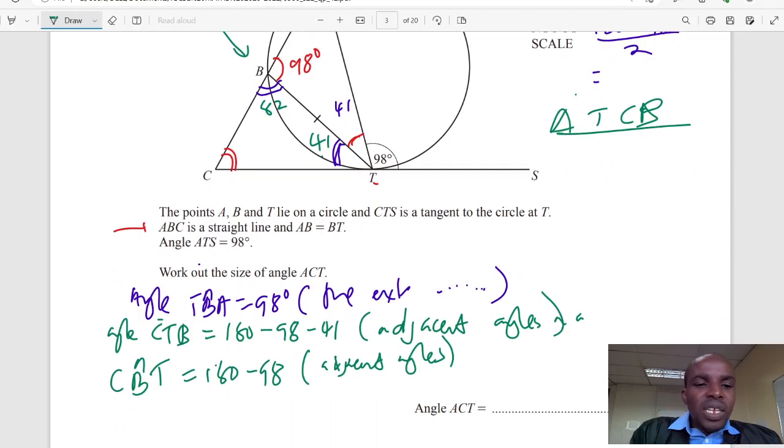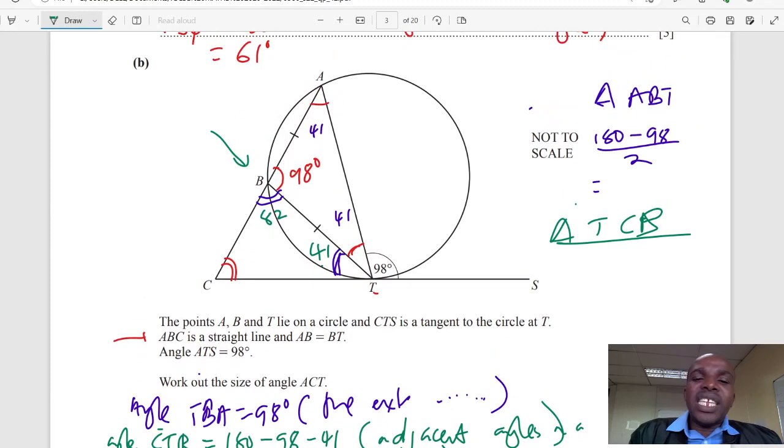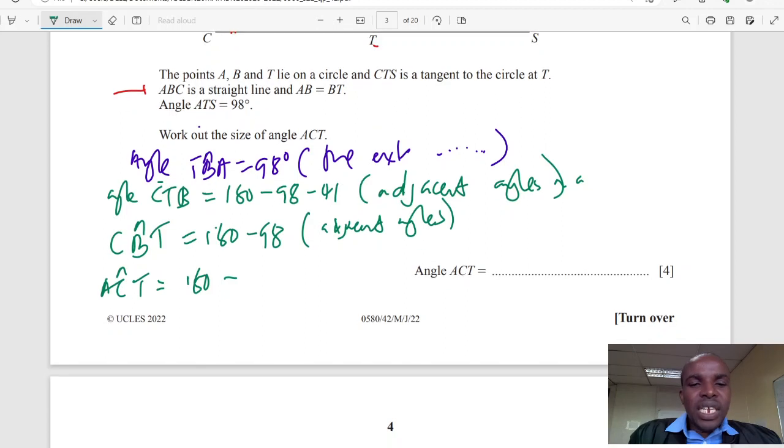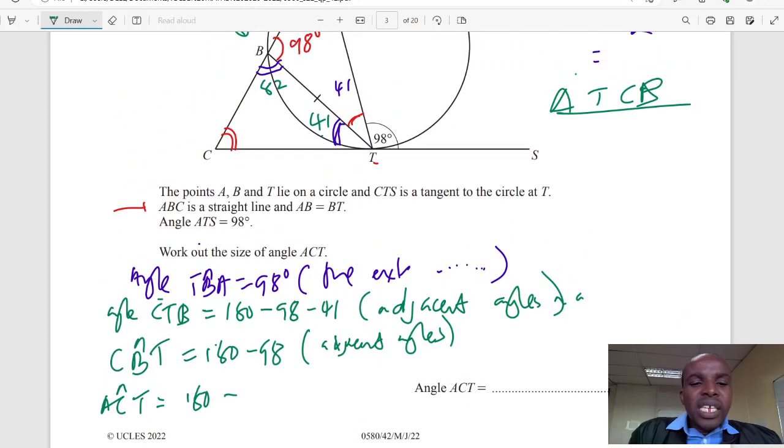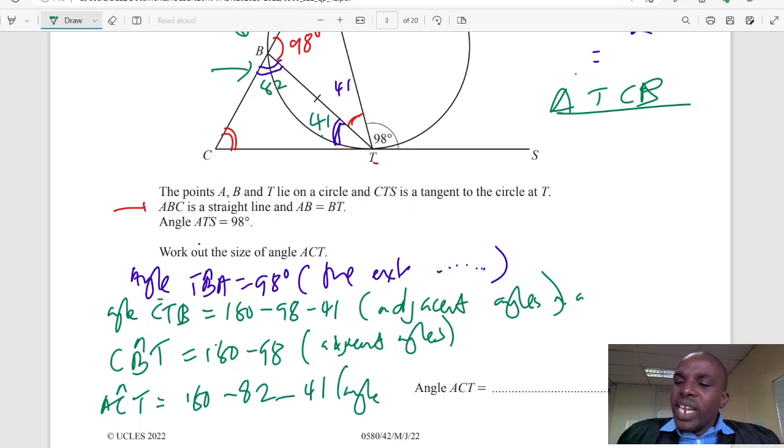ACT is equal to 180 minus 82, that is the angle at B, minus 41, that's the angle at T, since BC is the same as AC. The reason is angles in a triangle. 180 minus 82 minus 41, what do you get? 57.